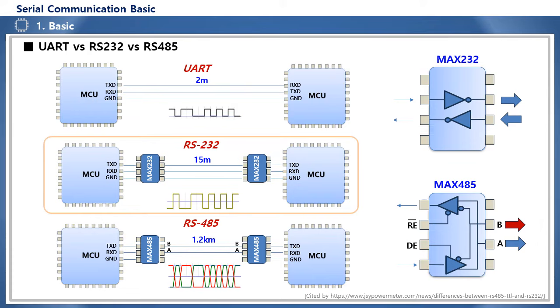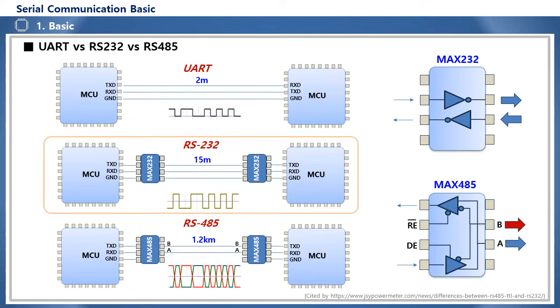In order to secure the communication distance, a dedicated transceiver, MAX232 IC, is configured on both sides, and the signal voltage within the communication section with the remote location is not the 5-volt level TTL, but a large voltage of -12 volts to +12 volts, so communication is possible even if there is a slight voltage drop between the communication lines.